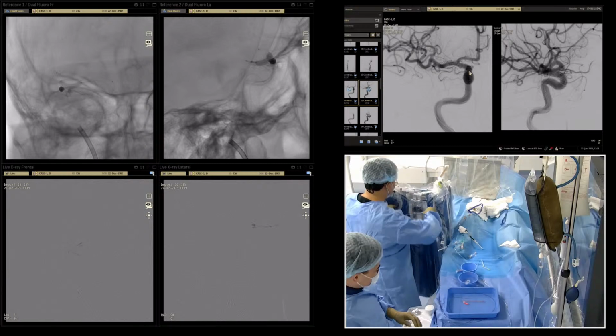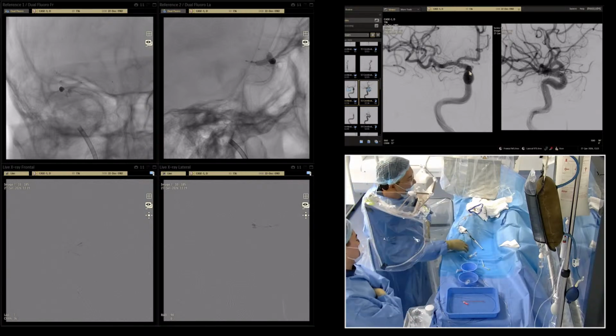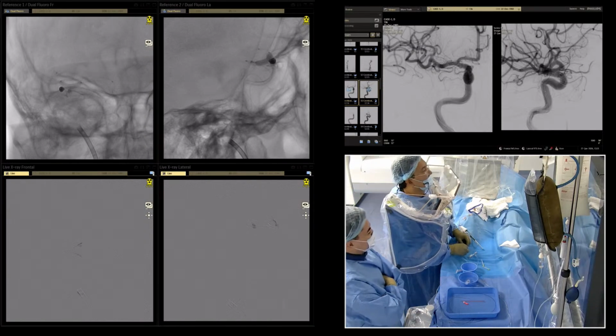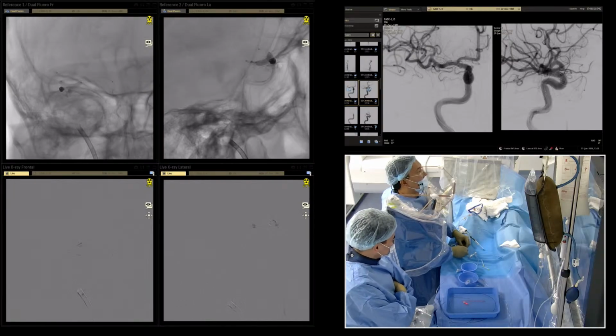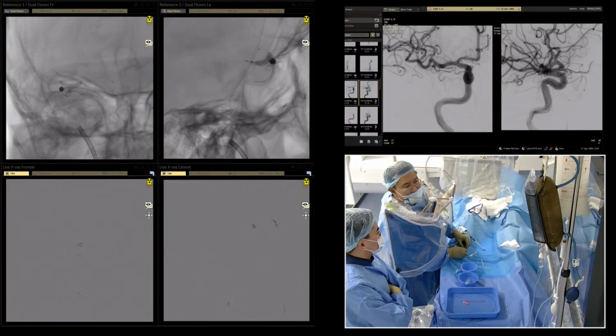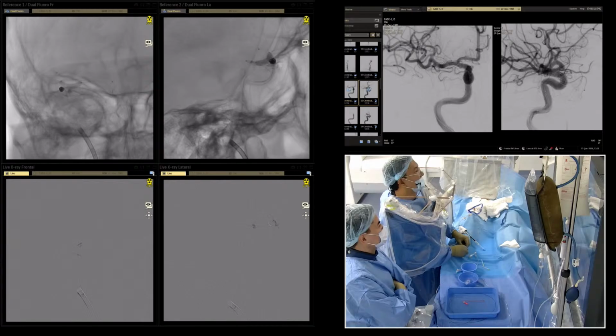Okay, let's see. Okay, the lenticular artery is coming quite proximal. Give me paras control.